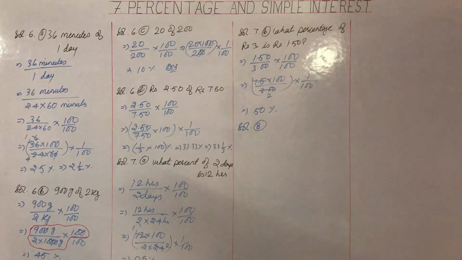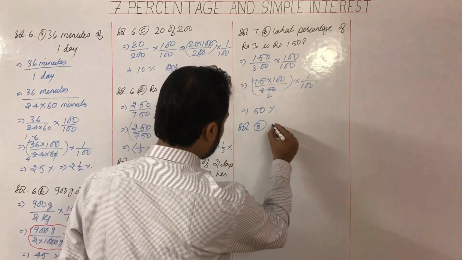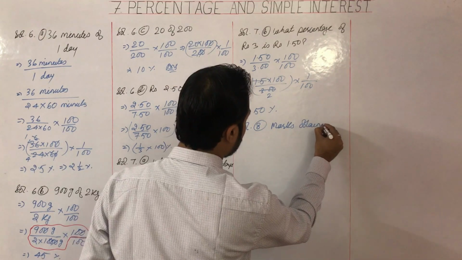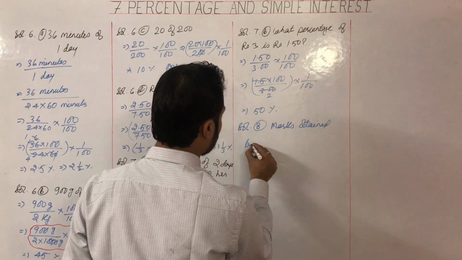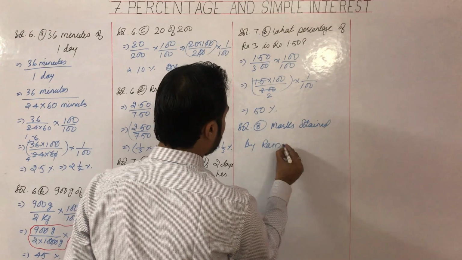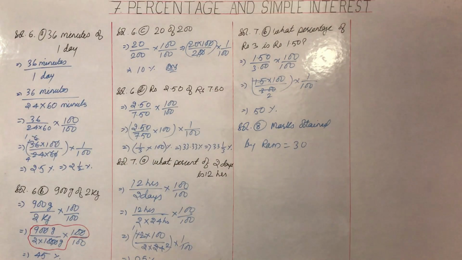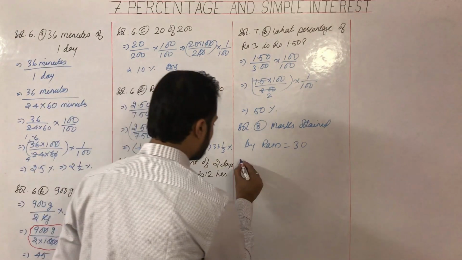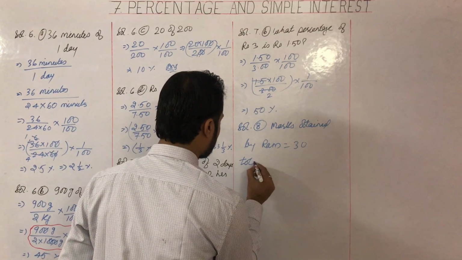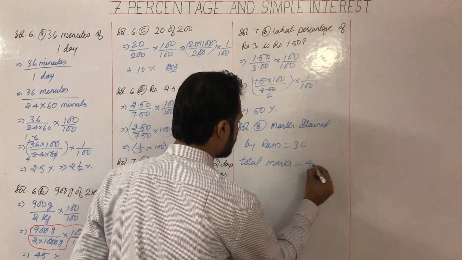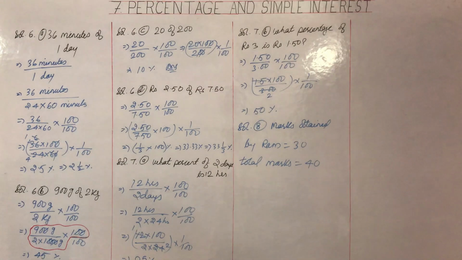So first is Ram obtained 30 marks out of 40. So marks obtained by Ram is 30. Then total marks out of 40 means total marks is 40 in mathematics.